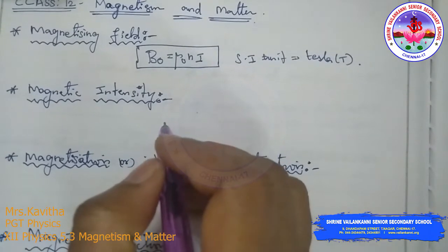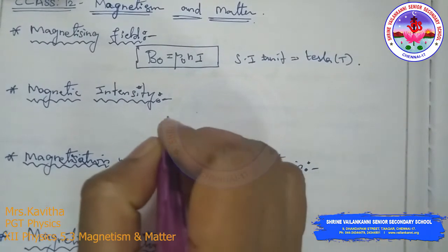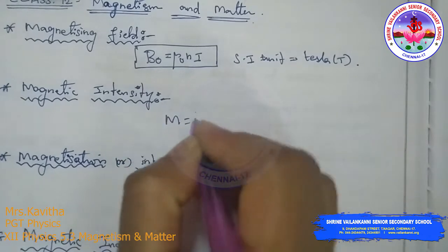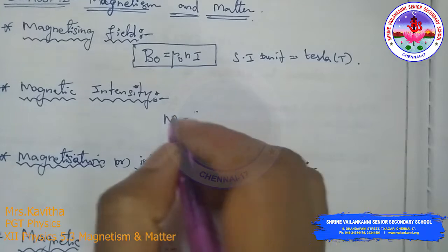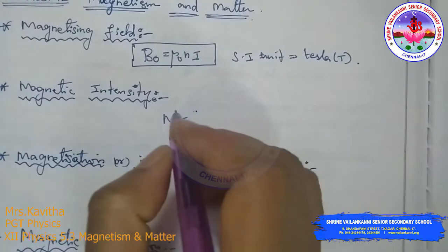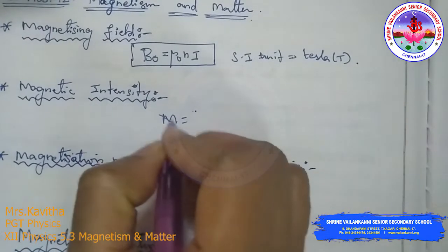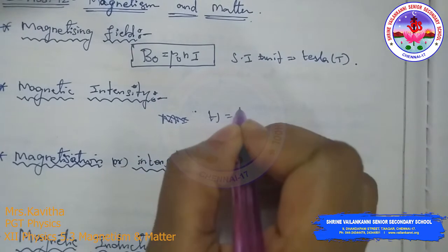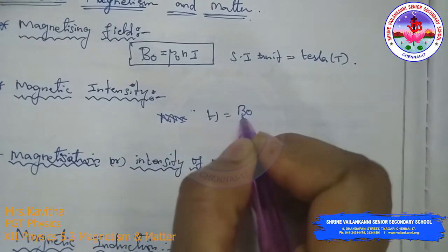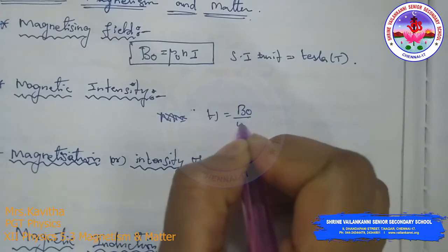Magnetic intensity we call H, which is equal to B naught by mu naught.